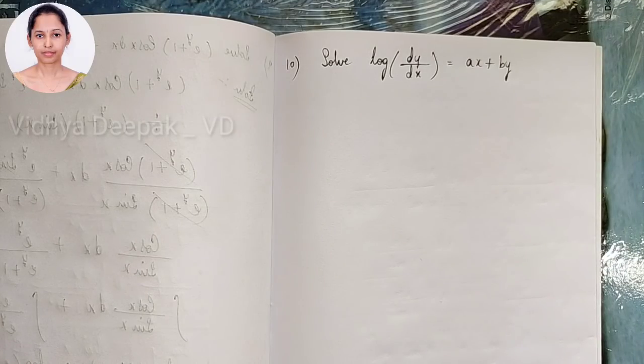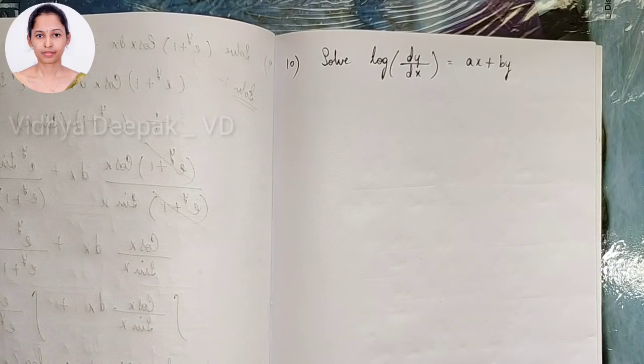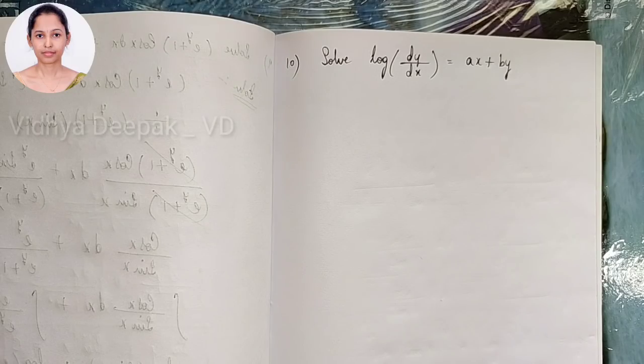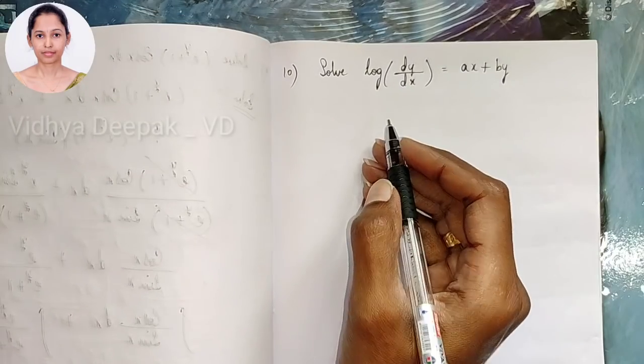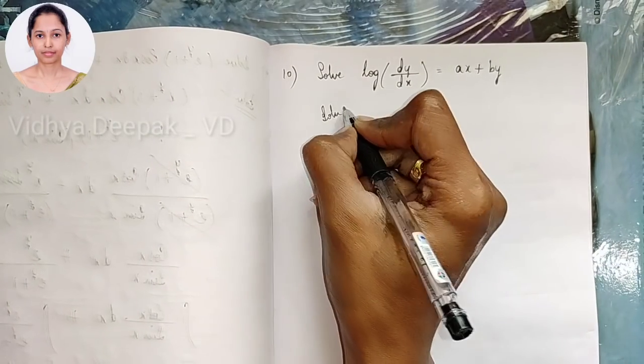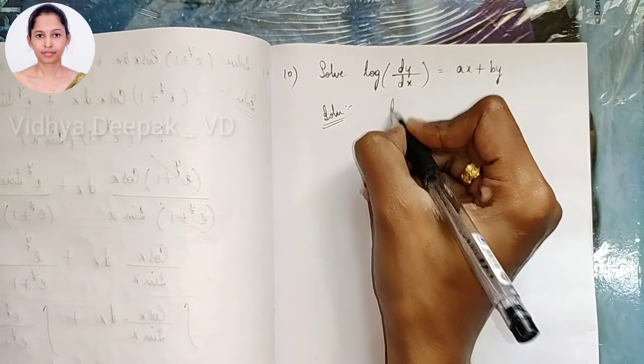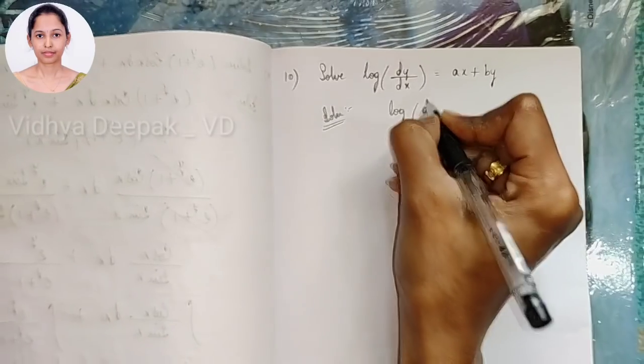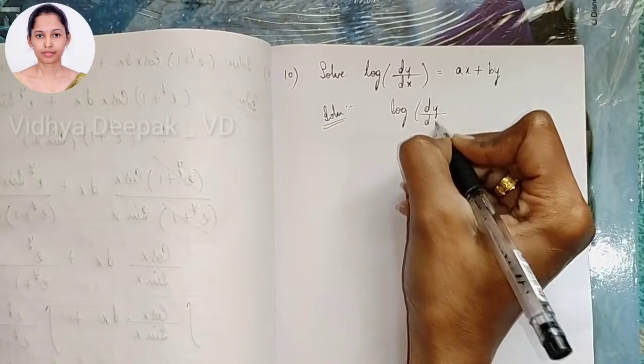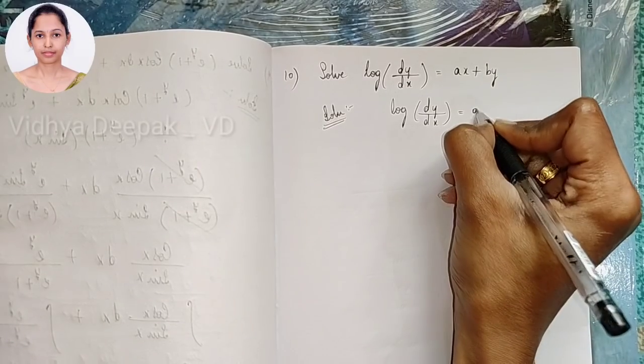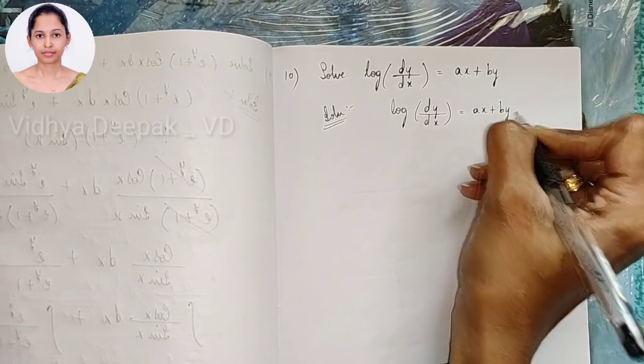Our next question is solve log of dy by dx is equal to ax plus by. So first I will use the logarithmic definition. So that is log dy by dx is equal to ax plus by.